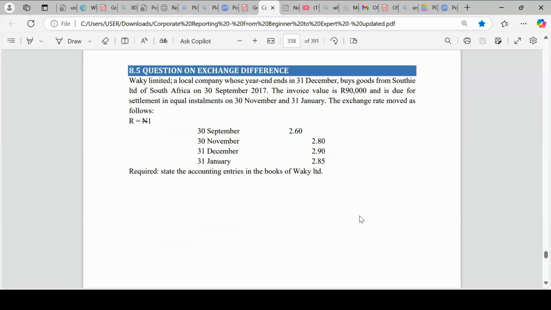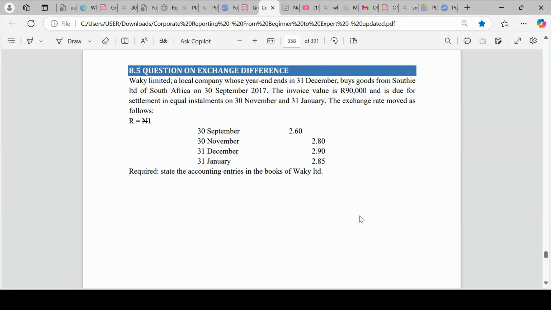The invoice value is 90,000 rands and is due for settlement in equal installments on 30th November and 31st January. The exchange rate moved as follows for 30th September, 30th November, 30th December, and 31st January. We're asked to state the accounting entries in the books of Waki Limited. So let's quickly look at this.